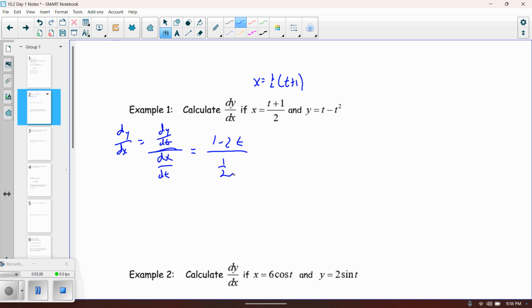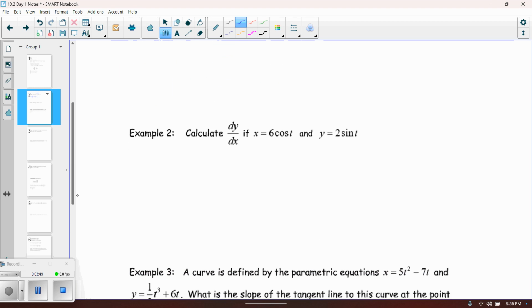And then if you just want to clean this up, since we're dividing by a fraction, we'll multiply the top and the bottom by 2. So you would get 2 minus 4t. And that would be your dy over dx. The interesting thing about that is dy over dx is in terms of t. And that is okay.